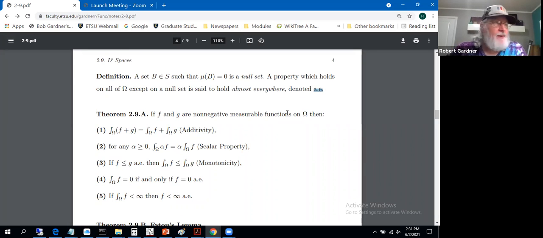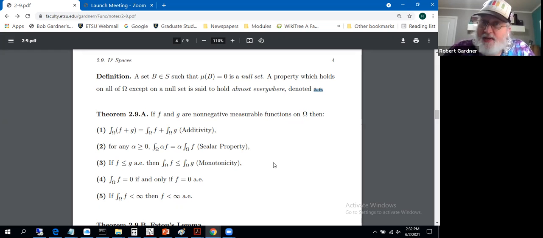So the property might be a property like continuity. It holds almost everywhere if it holds except on a set of measure 0. We ain't interested in sets of measure 0 in a conversation about Lebesgue integrals. Sets of measure 0 don't affect Lebesgue integrals.